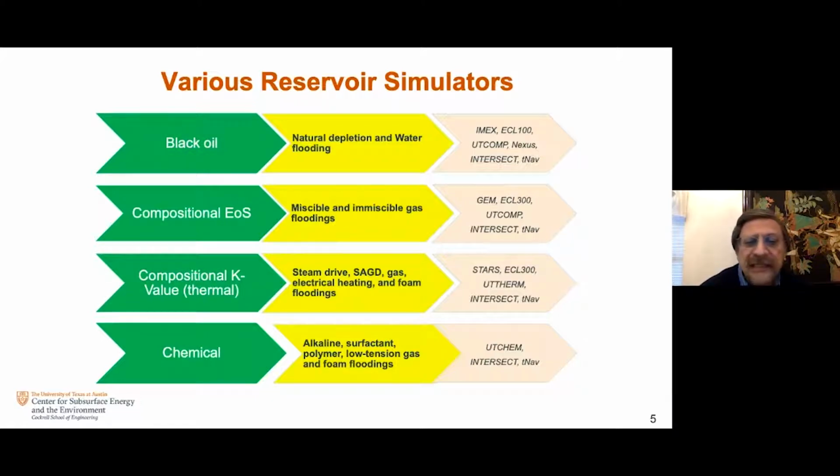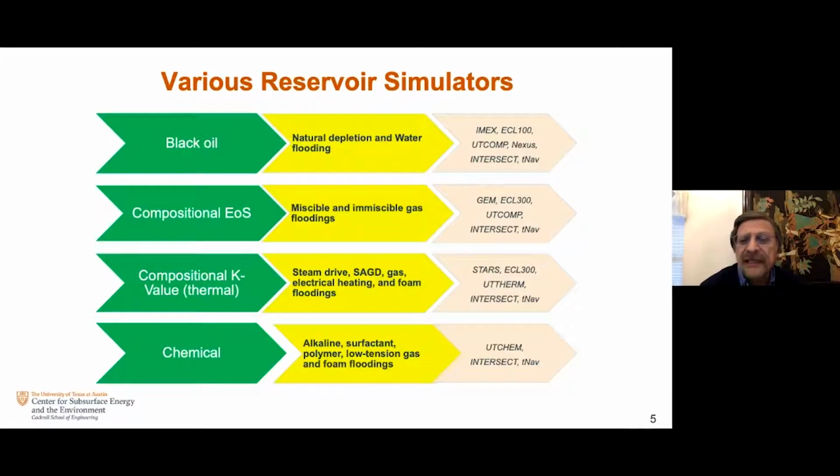Chemical flooding, University of Texas has been one of the leaders in development of this technology, and basically for alkaline flooding, surfactant flooding, polymer, ASP, low tension gas flooding, and foam flooding. And UT-Chem is the most well-known and basically the leader in this area.